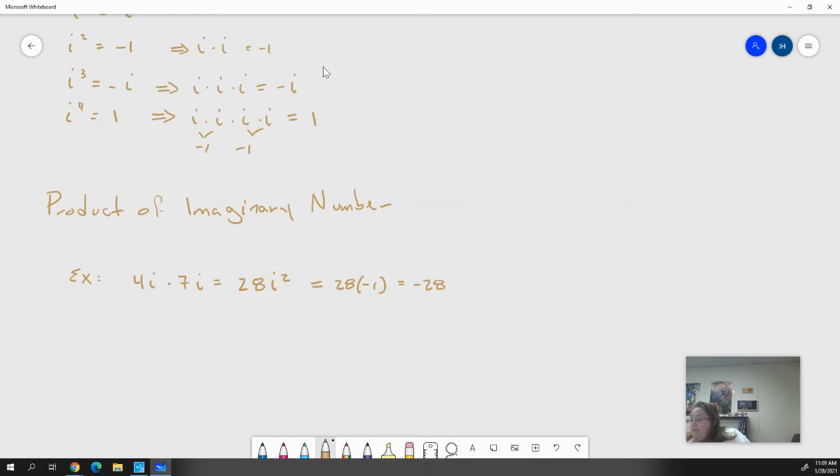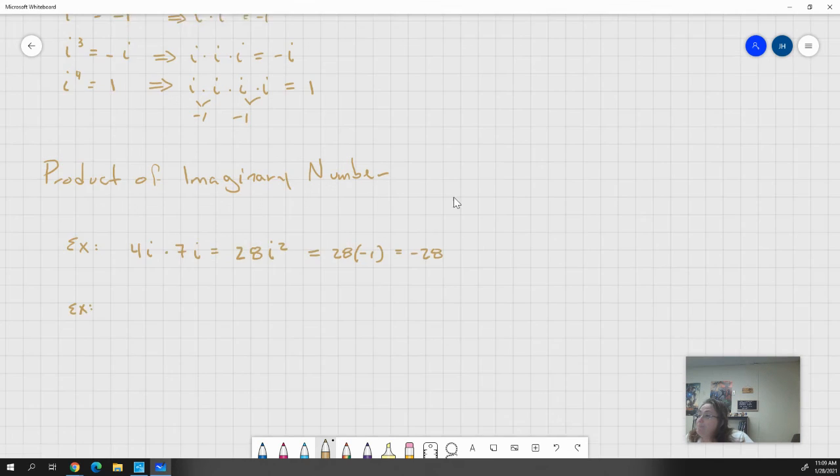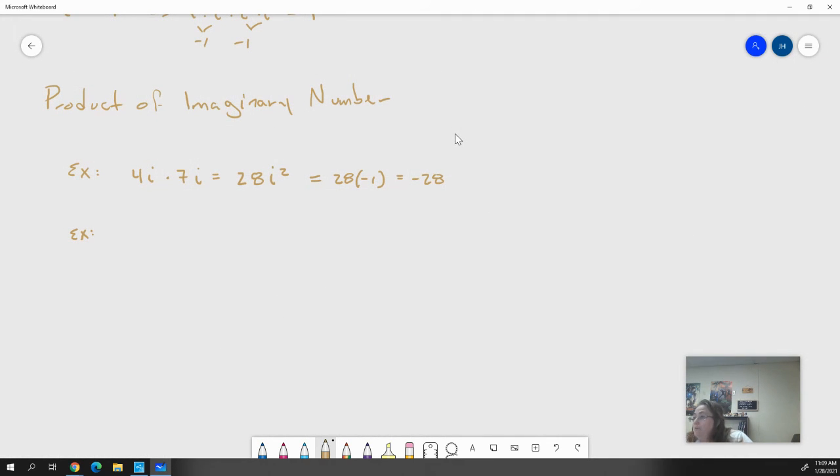I'm just going to do a bunch of examples here for you to see what they all look like. What if I had negative 4i times 2i times negative 9i? We're going to multiply all of our numbers. We'd have negative 4 times 2 is negative 8. Negative 8 times negative 9 is positive 72.